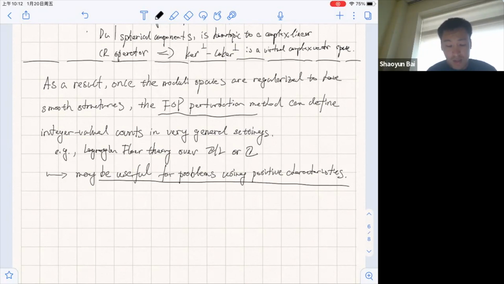But the applications so far are restricted to settings where Hamiltonian Floer theory or corresponding invariants can be defined over integers using classical methods. Now we have other ways to define integer valued invariants using this perturbation method. I think it's conceivable that it could find applications in some other settings. Okay, so I think it's a good time to stop. Thanks for your attention.